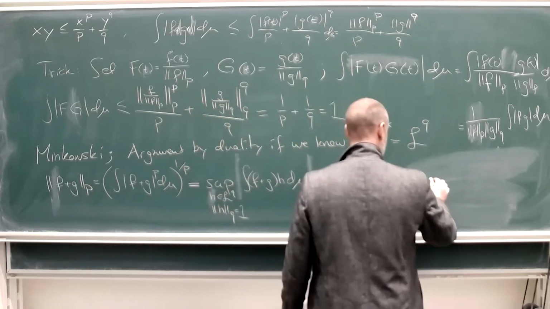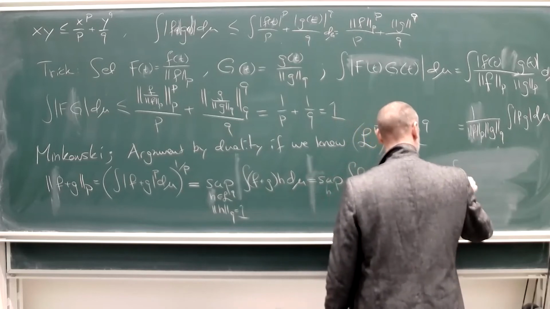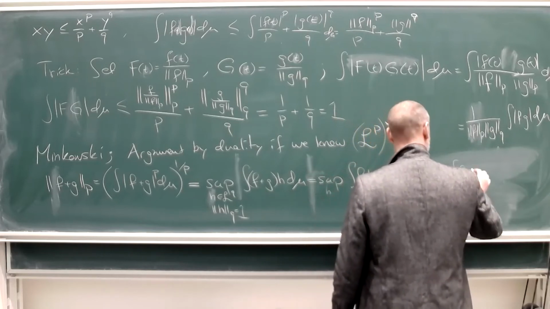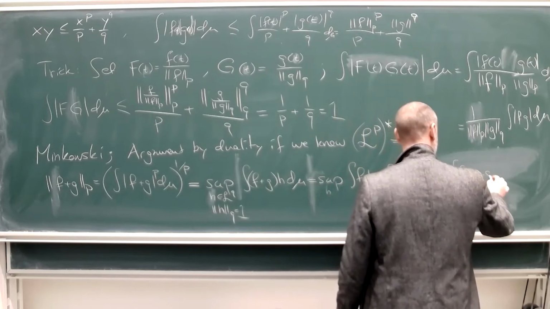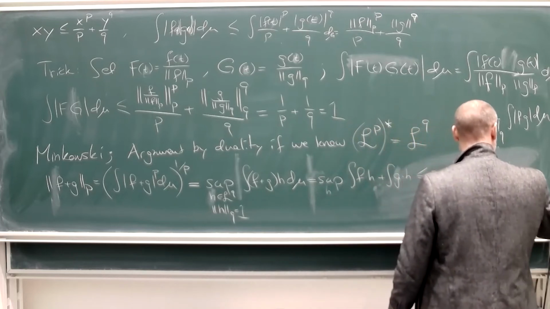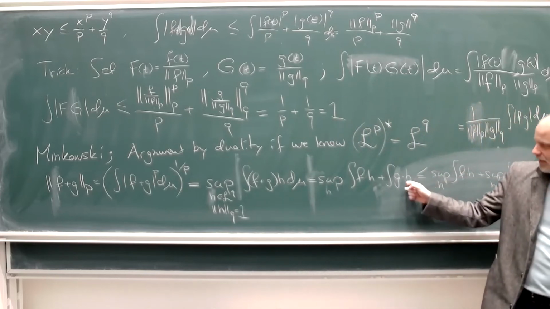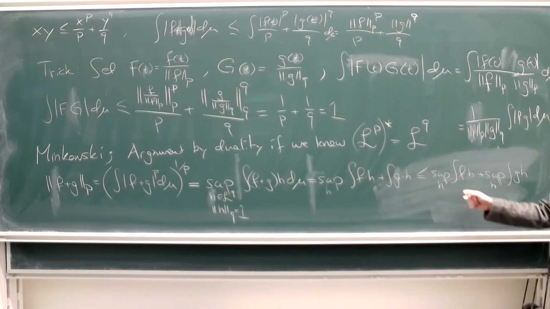Well, clearly, if I move the supremum to affect this one separately, right? So now I disconnected the condition that h needs to be the same in both guys. So I have a supremum here of all h with norm 1, another supremum here of all h with norm 1.